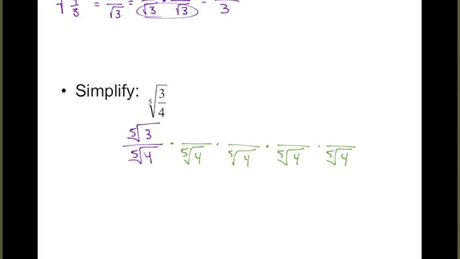A shorter way of writing it, which is okay, but for me personally, especially as you're learning it, it's not my preferred way, just because it is a little bit harder to see. But another way of writing it would be to say, we got the fifth root of 3 over the fifth root of 4. I know I already have one fifth root of 4, so I need 4 more of them, and just do it to the 4th power.